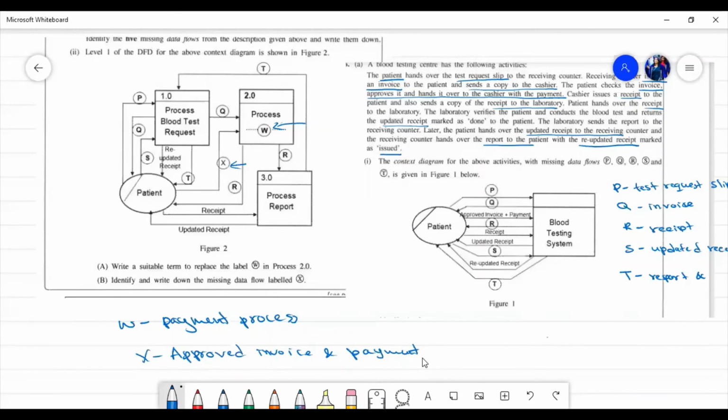Is it clear? Just study the two diagrams, the context diagram and the things that you have found. Then it is easy to understand what is missing.